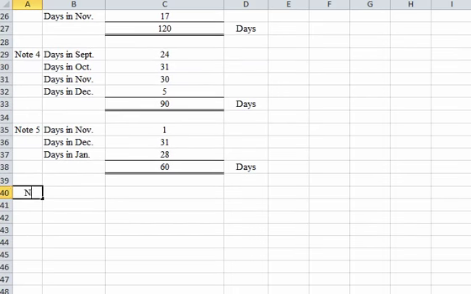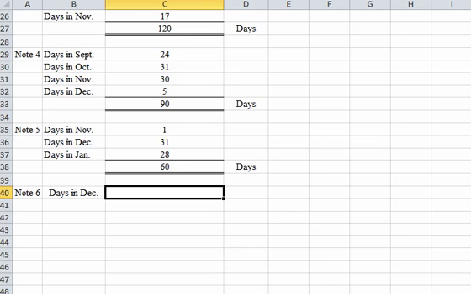So let's do it. It's dated December 30th. We're going for a total of 30 days. So days in December. How many days after the 30th? Well, there's 31 days in December. So 1 day after the 30th. And days in January.